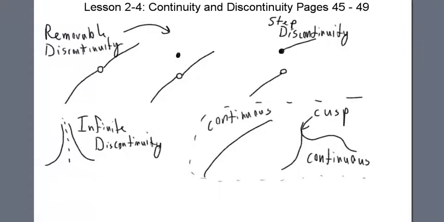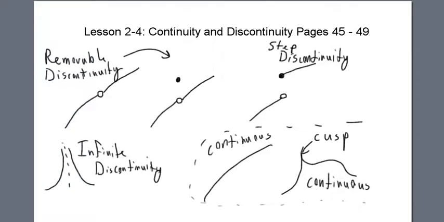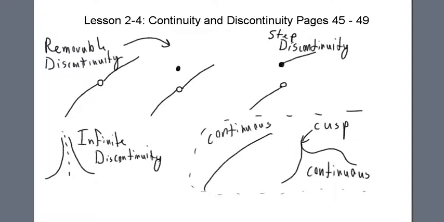Now, let's talk about what continuity and discontinuity even are. Continuity is defined in the book. It gives a mathematical definition, so it's a little hard to read, but it says function f is continuous at x equals c if and only if three things are satisfied. One, f of c exists.